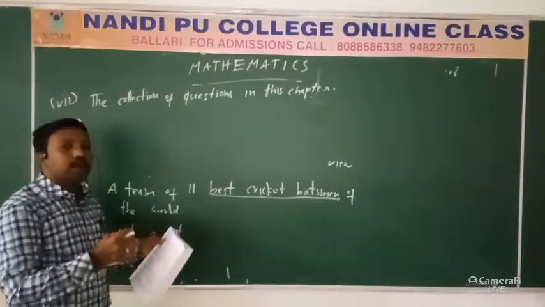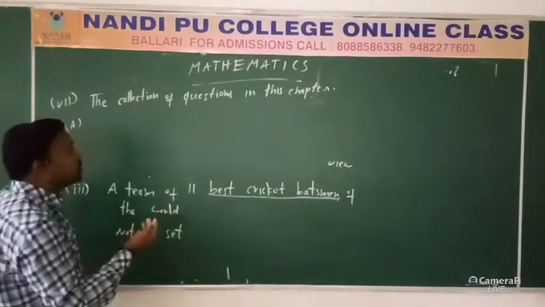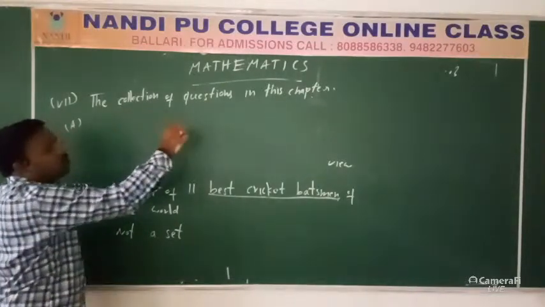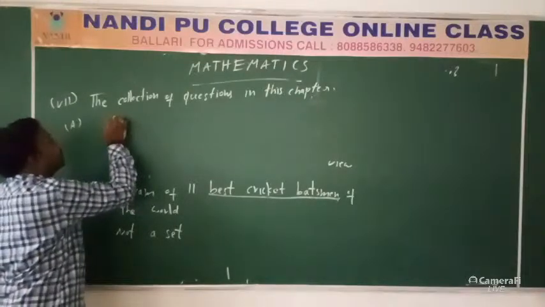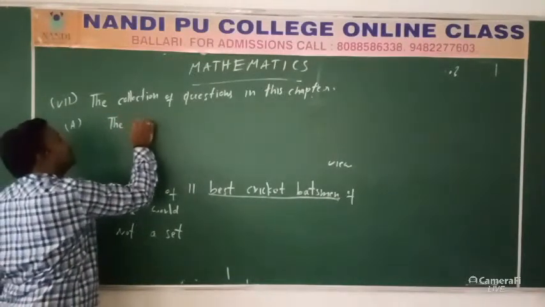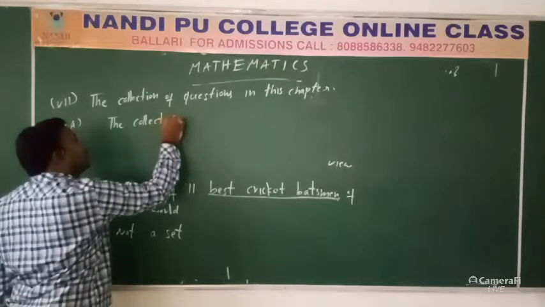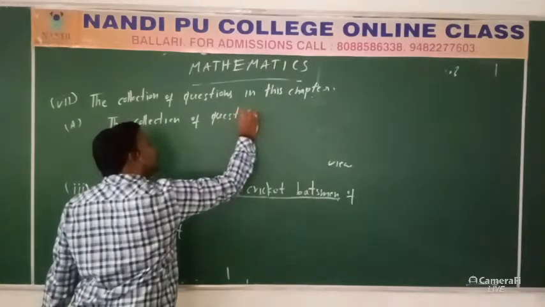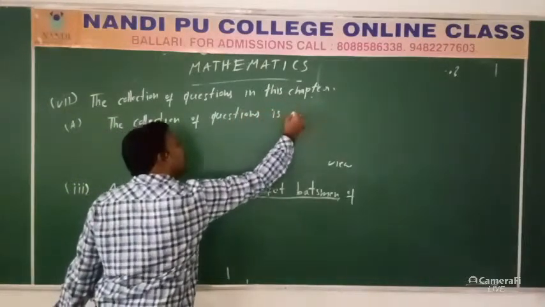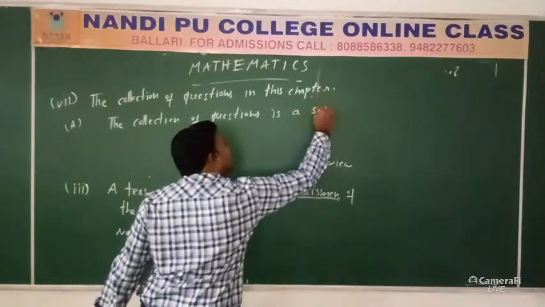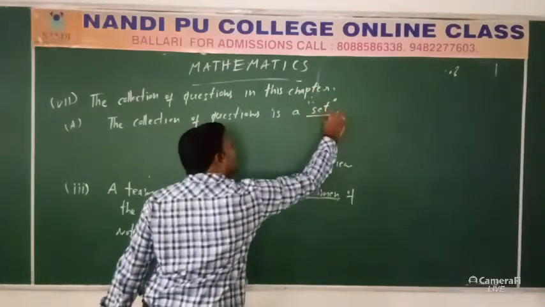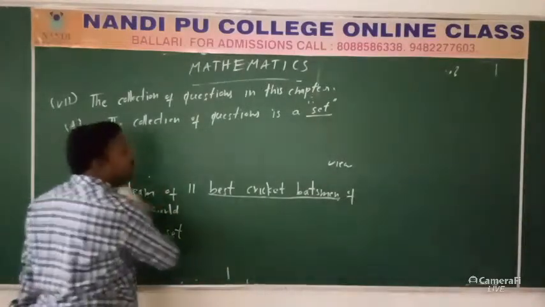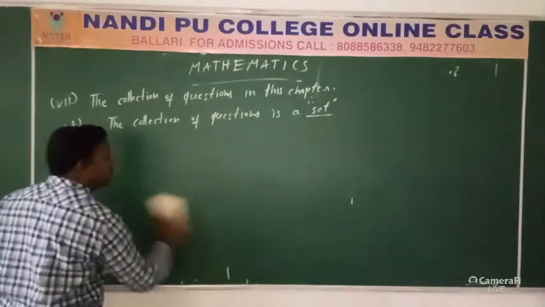How many questions are there? We can complete it, isn't it? So it is well defined. So it is a set. This collection of questions is a set. If it is not a set, then a reason is required. If it is a set, then it is not required to write any reason.